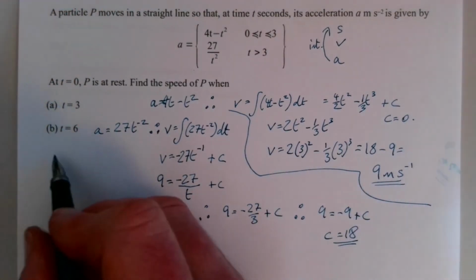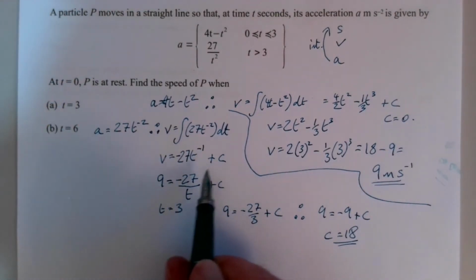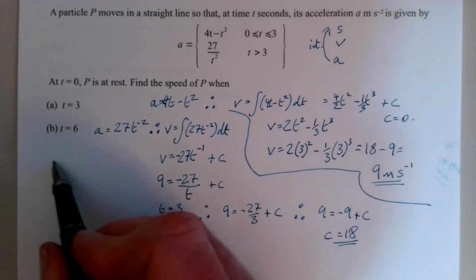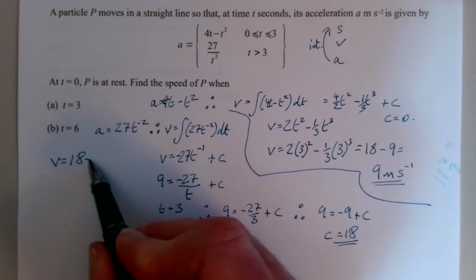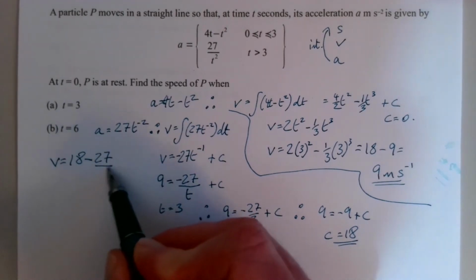So I'm going to move over here now and put that 18 back into here. So v equals 18 is my constant, take 27 over t.